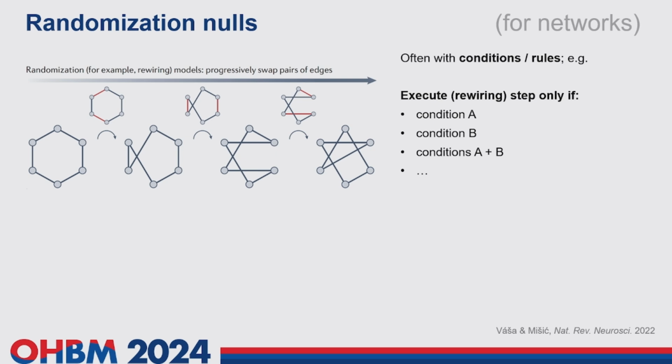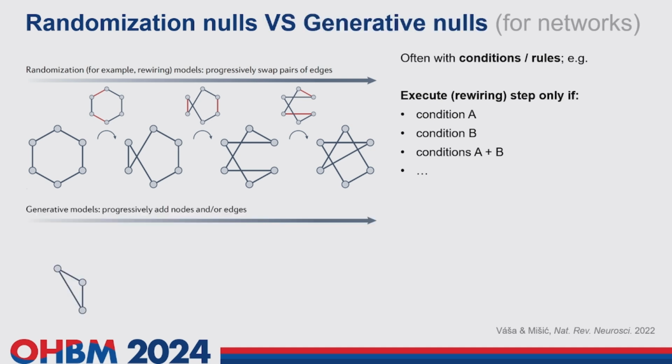The other way to generate nulls to benchmark our empirical values is using generative models, where we build a reference network or data set from the ground up.